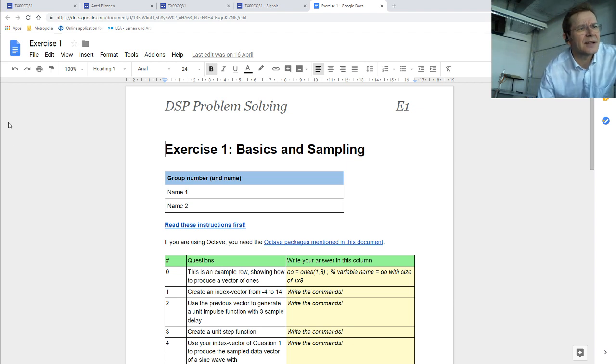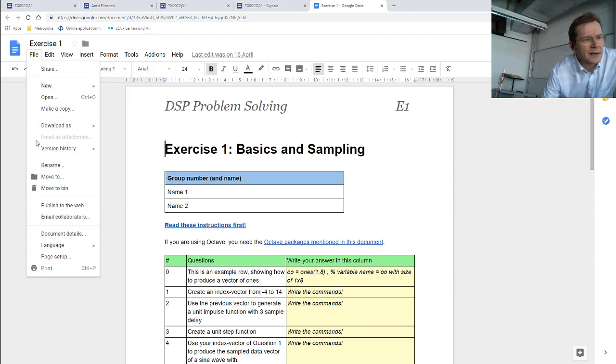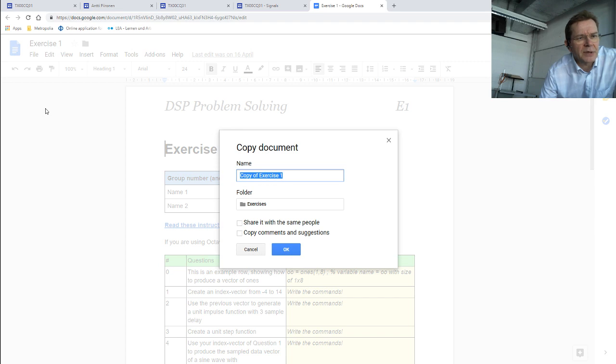Then you can start doing things like make a copy. If you click make a copy, then you can actually move it into your own folder. That's how easy it is. It doesn't get easier than that.